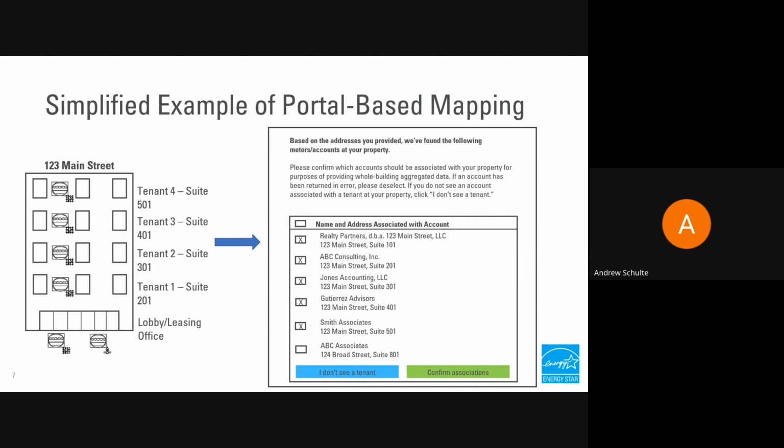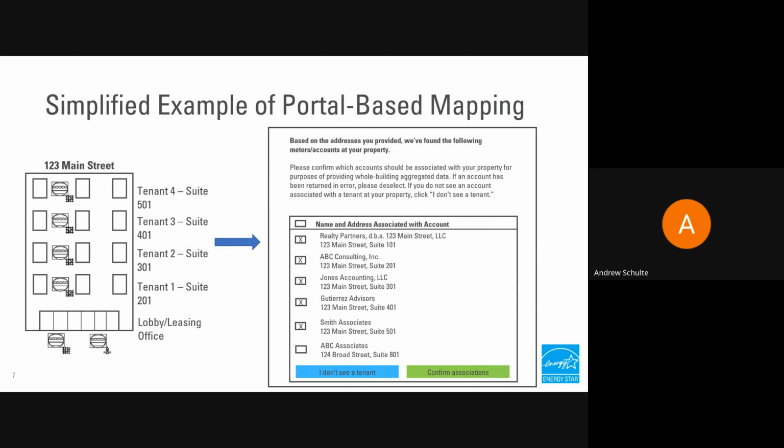So the utility runs 123 Main Street through its database or billing system or whatever the data source of record is, and the utility system will do that lookup and will return a list of the individual tenants or accounts that it has associated with 123 Main Street, and would present it to the building owner in such a way that the building owner can go through and confirm or deny any individual pieces that have been identified.